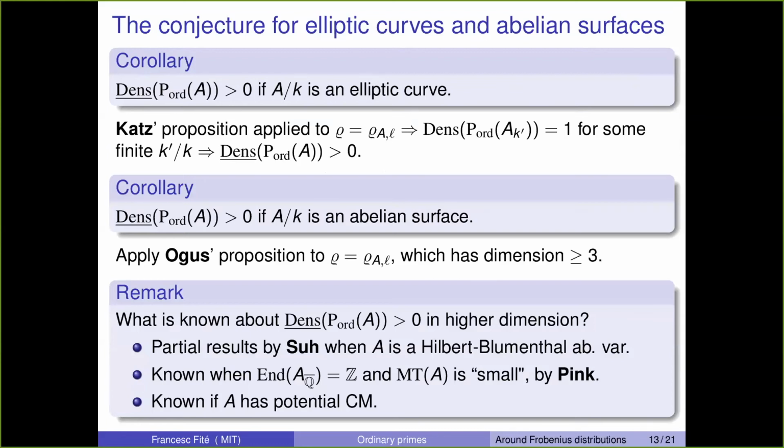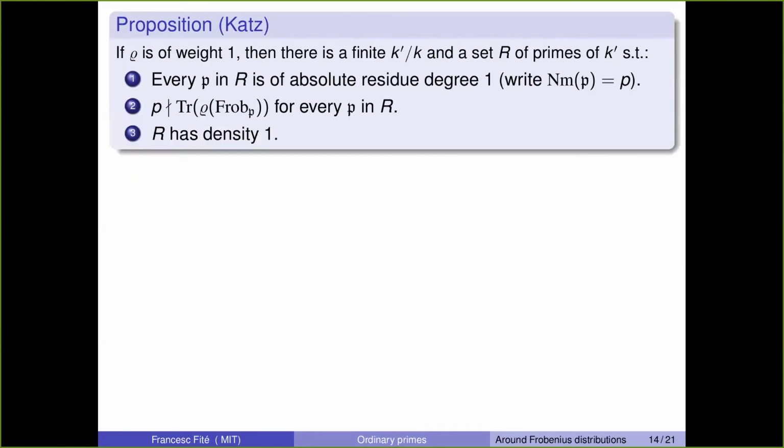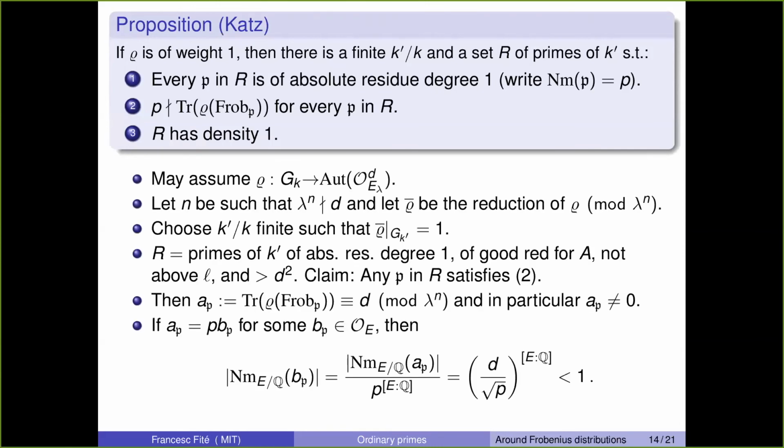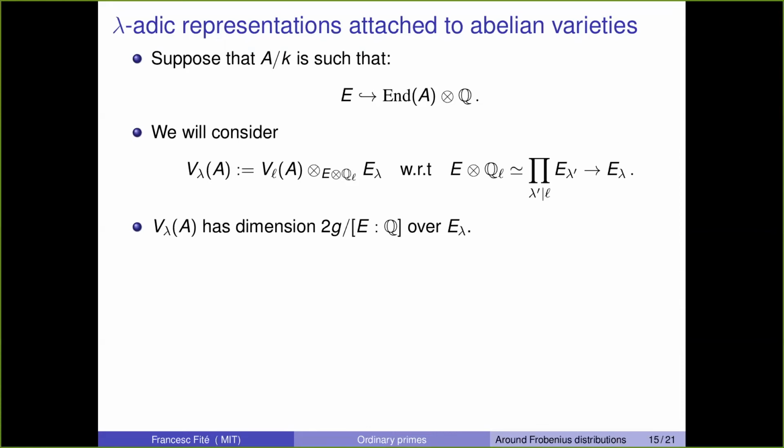So our idea will be to apply the propositions of Katz and Ogus to these lambda-adic representations. And since I promised that this talk would be friendly to graduate students, to young people, let me recall what a lambda-adic representation attached to an abelian variety is.